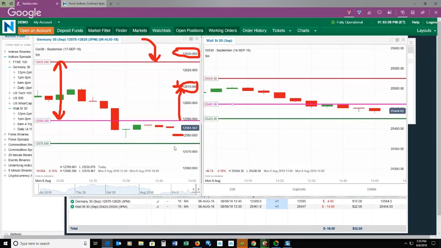Let's say that it expires at 580. Then your actual risk that you incurred, or your actual loss, would be the difference between 589 and 580.